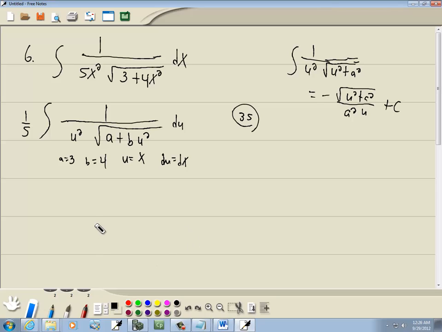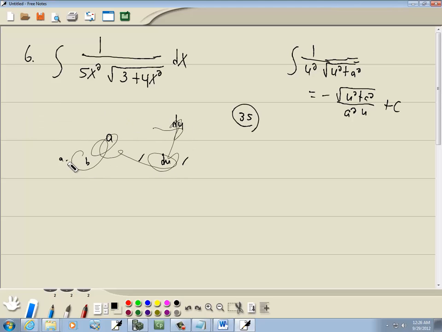Okay, back to the drawing board on this. Let me actually erase all this. I use that to kind of get an idea where it's headed, but that's not exactly what I need. So now let's look at what we exactly need. Can't have a number in front of the u squared.